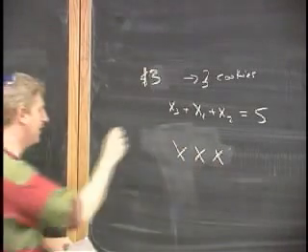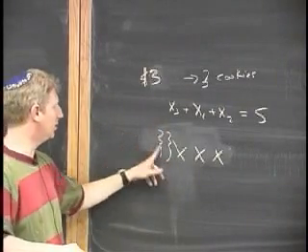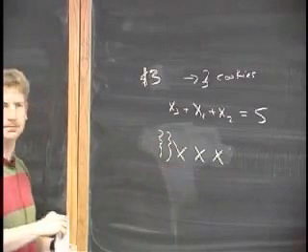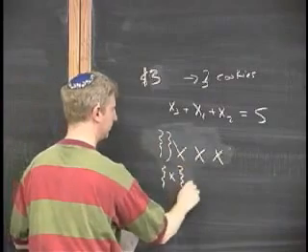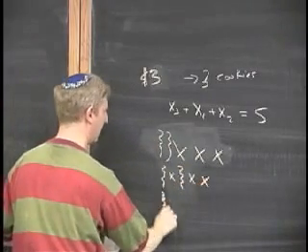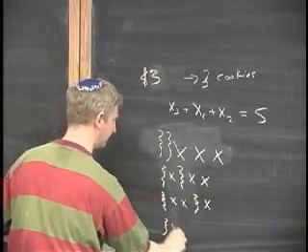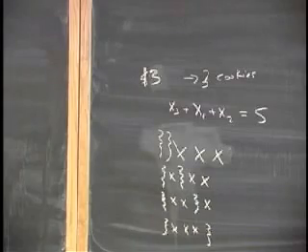Here's the first way I can divide them. That means 0, 0, 3. Here's the next way. Here's the next way. Here's the next way. Those are 4 ways. There's more. Let's write a few more down.